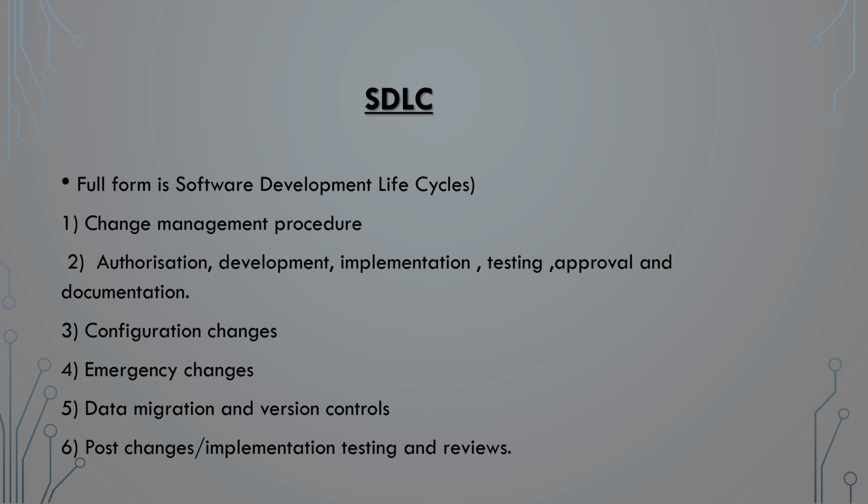Second is the authorization, development, implementation, testing, approvals, and the documentation part. Third is the configuration management. Means if we are making any kind of changes in the configuration, then a change should be raised in the ticketing tool and should be monitored by the individuals.